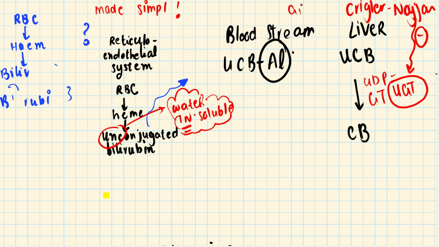If you have a deficiency in UGT, some kind of genetic condition where you have a deficiency in this enzyme, you are no longer able to conjugate that bilirubin. And if you can't conjugate that bilirubin, you're going to get a buildup in unconjugated bilirubin and jaundice.